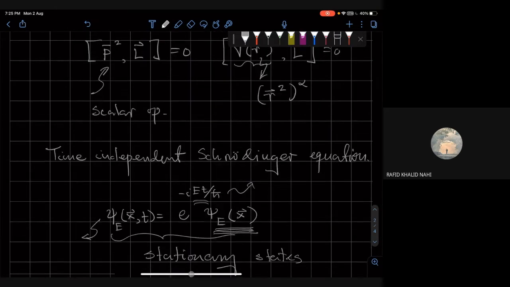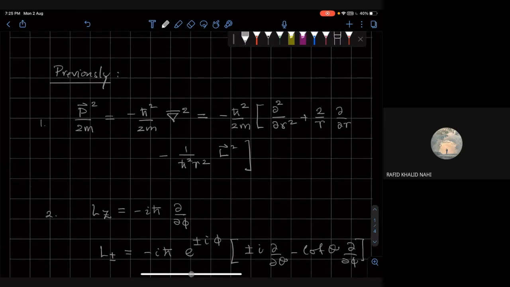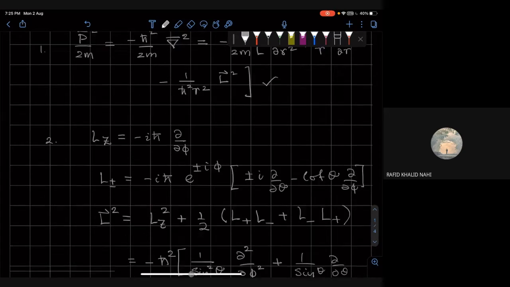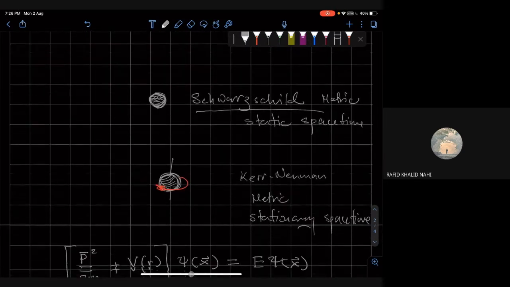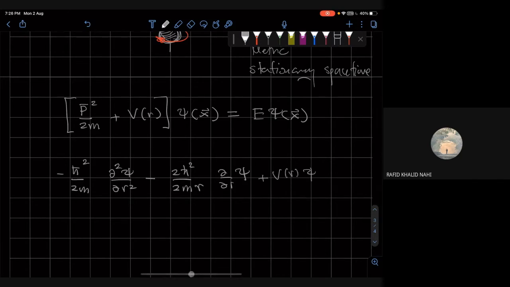If I now use this expression of p, it becomes minus h-bar squared over 2m, a second derivative with respect to r of psi, and then we have 2h-bar squared over 2mr, d by dr of psi, and then plus V of r psi.